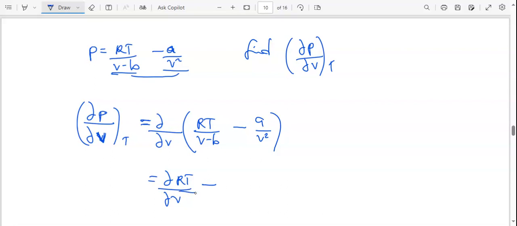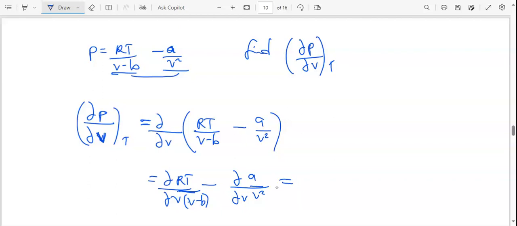since there was partial change in volume, then there will be V minus b. Then here again we have partial change in a, we don't know, but we write a, over V squared, then partial change in volume.